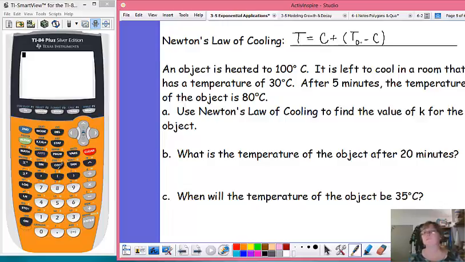That's how hot it was above normal, times e to the kt. And k is different for each substance. t is usually a time period, minutes is what we're going to talk about in here. So T is going to stand for the temp now. C is room temp. T sub 0 is the starting temp.